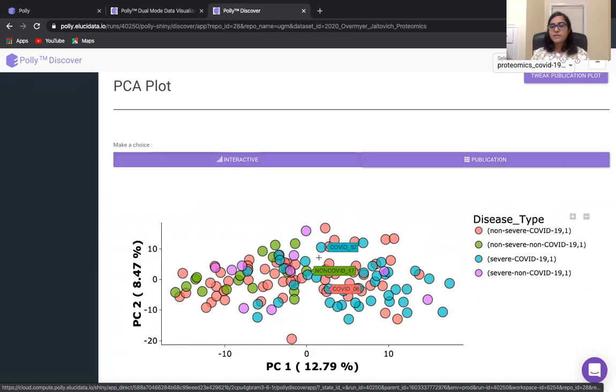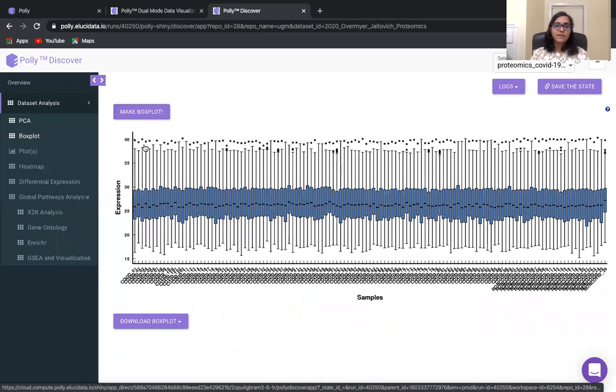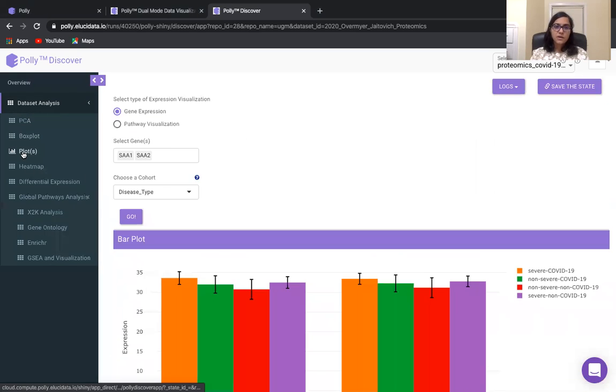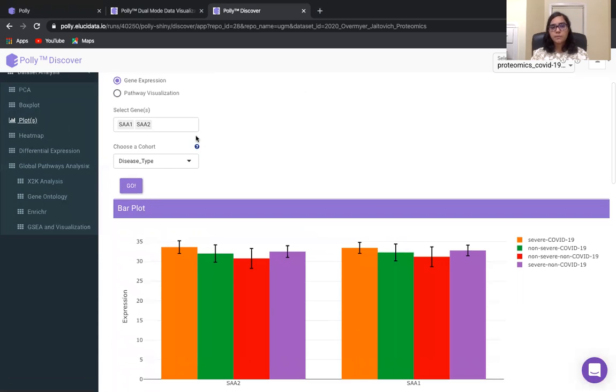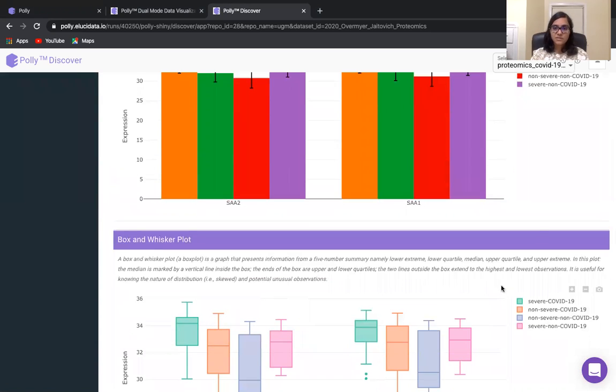So we definitely need to do more detailed statistical analysis to pick up the biological differences between these cohorts. We can take a look at the box plot of different samples to see that the data set is already normalized. We can also visualize different genes and different genes in different pathways here as bar plots and as box and whisker plots.